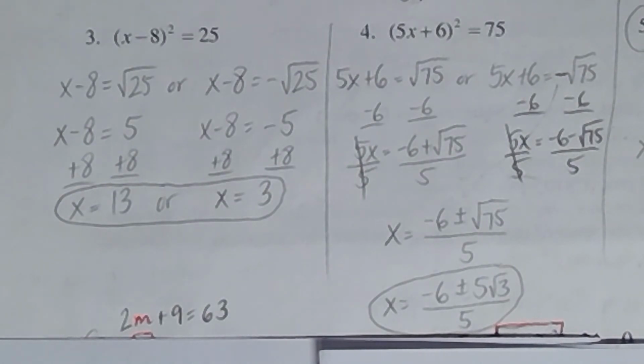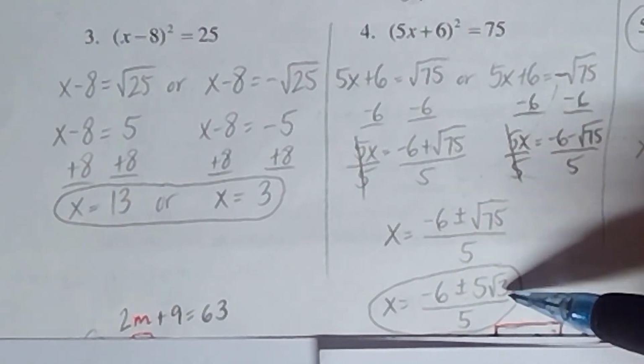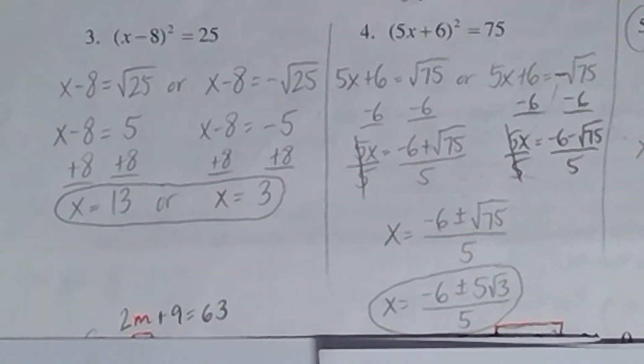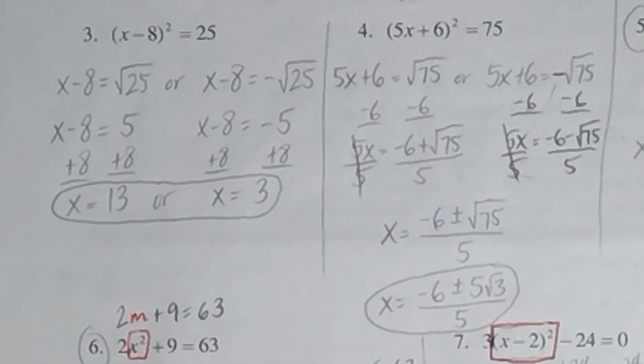That is okay. So I condensed it down with the plus or minus first, and then I simplified the radical. Perfectly fine. The answer should come out the same each time. Okay? All right. Number 7.